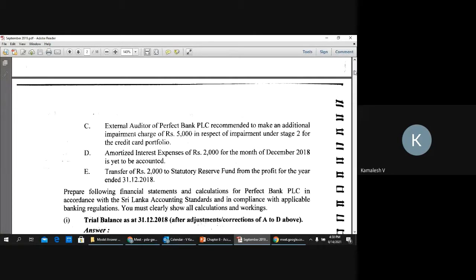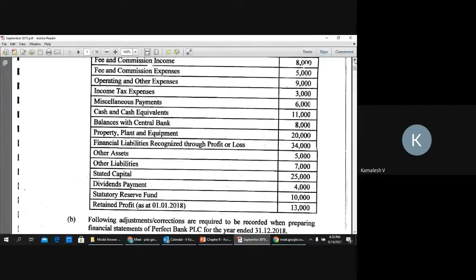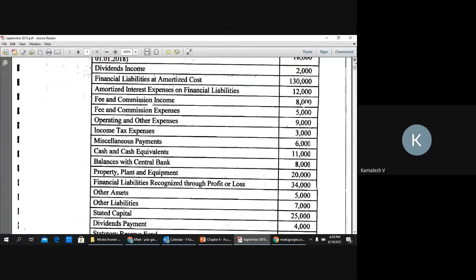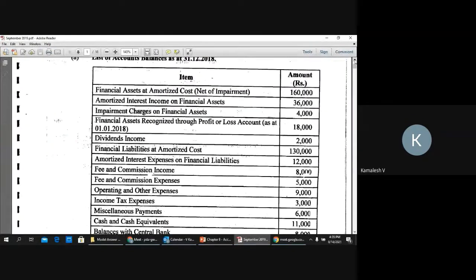Now it's too early. Don't go and try this at home. If you look at this trial balance, there are a lot of items which most of you might not have gone through yet. These terms might not be known to you. It's too early, because there are a lot of things that we have to learn going forward.